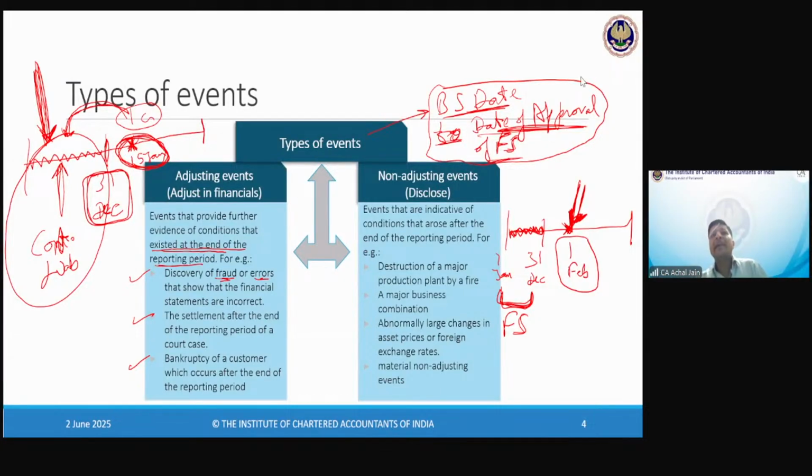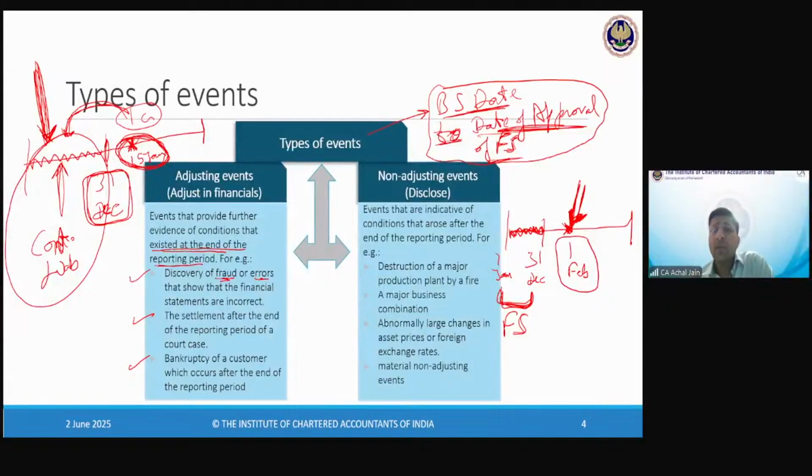Again, this depends on whether the amount is significant or not. This is not something you will do for everything; it depends on materiality and significance. So this is what you call a non-adjusting event.